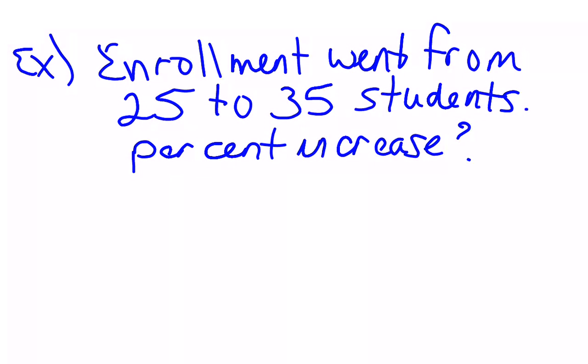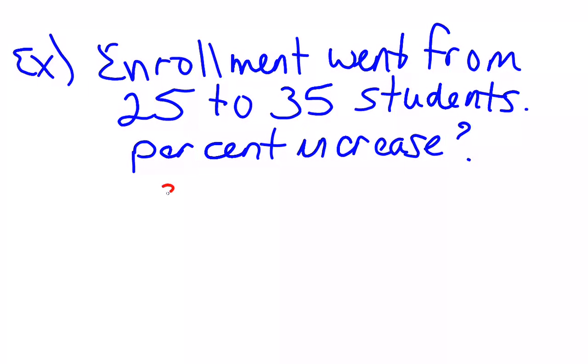Okay, so how we figure this one out is it's super easy. We need to figure out the difference from where it went, so the actual increase. So to find the difference means we subtract those and we divide it by the original amount where it started.